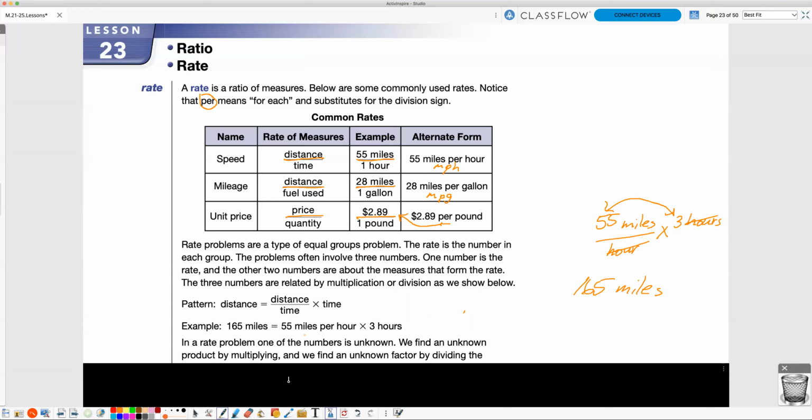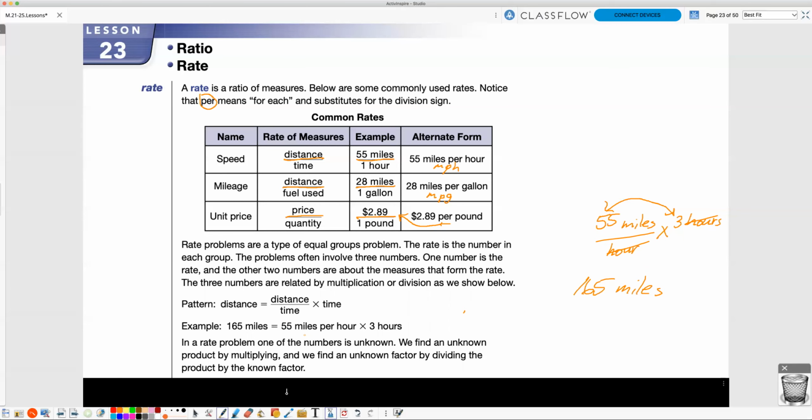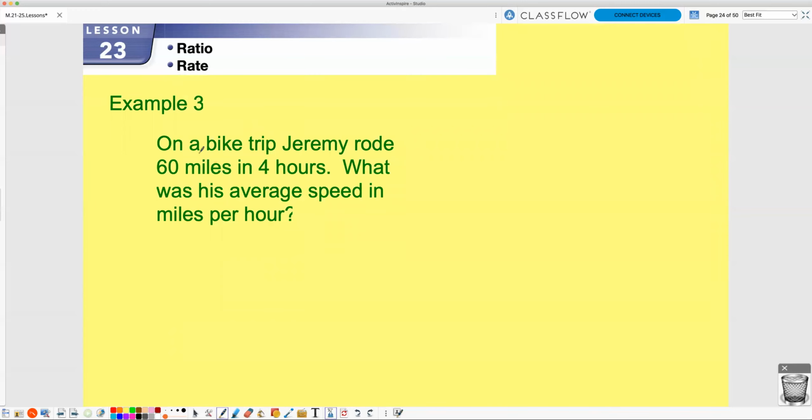In a rate problem, one of the numbers is unknown. We find an unknown product by multiplying, and we find an unknown factor by dividing the product by the known factor. So, for example, on a bike trip, Jeremy rode 60 miles in 4 hours. What was his average speed in miles per hour?